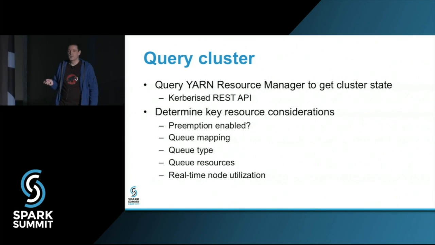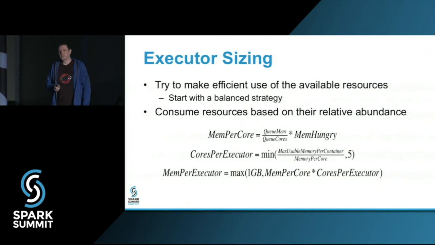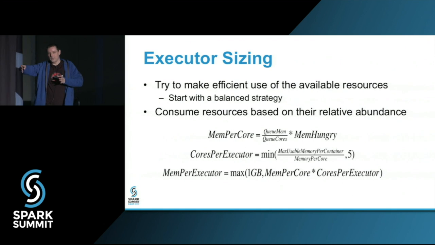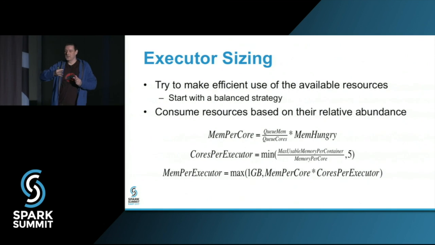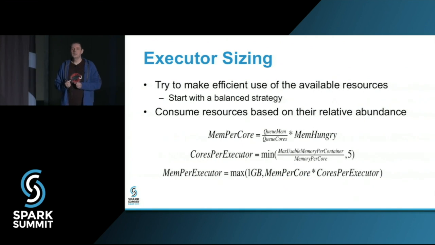So once we have this information, let's start actually using it. One of the things we can do first, in this simple algorithm, is just set a value, figure out what that means for the rest of the parameters, and then iterate as necessary. There's a variety of different ways you can start out. One of the ways that we found works well for this simple algorithm is to try and consume resources in relation to their relative abundance.